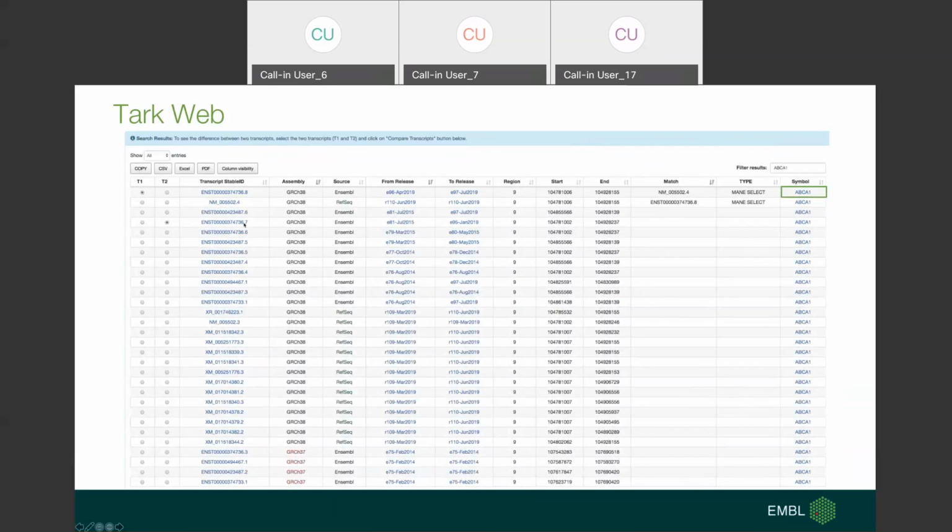It will tell you if they are the same and how they're different, if the difference is at the UTR or at the CDS level, for instance. It's especially useful if you're comparing something from 37 to 38 and you want to know how the transcript has changed and whether anything at the CDS level has changed. It can tell you that.